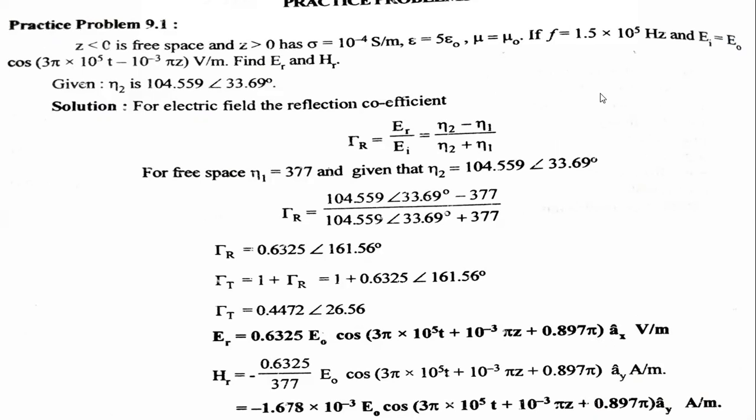You need to substitute the value of omega t, that is 2 pi f. Then you will get this answer in the direction of az, measured in volt per meter.